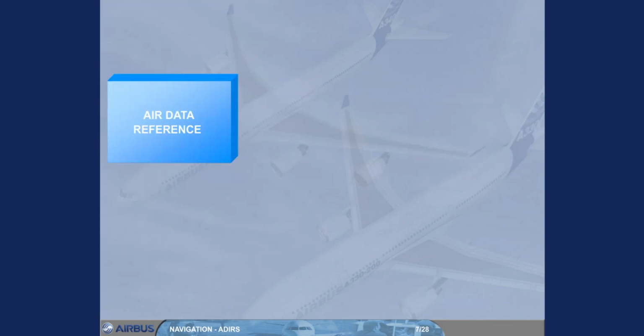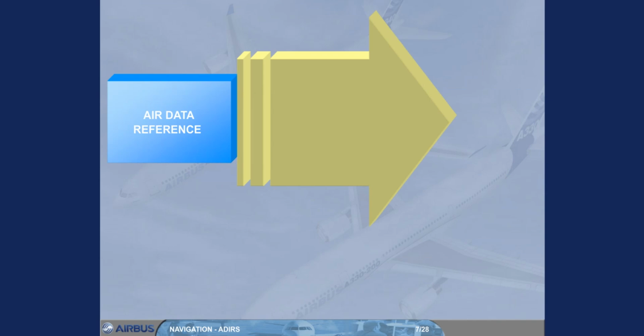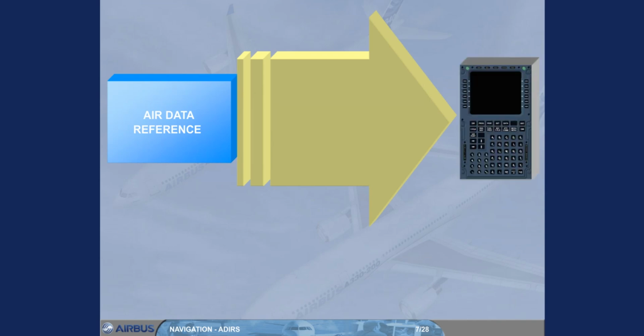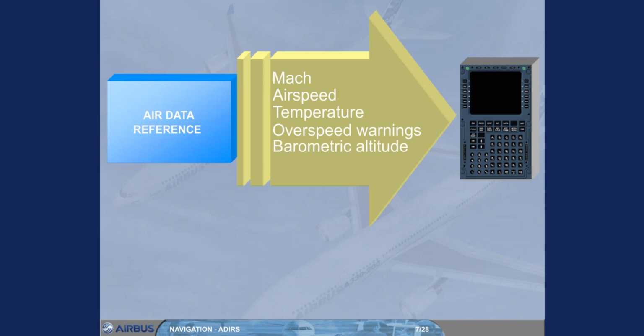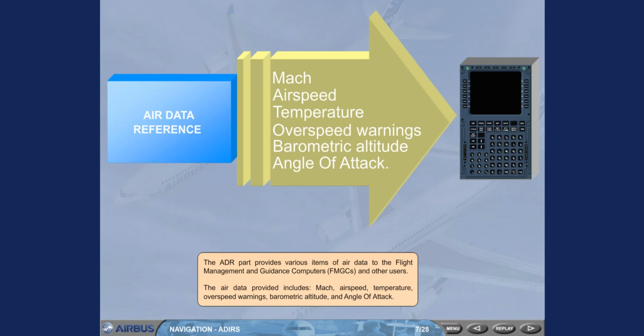The ADR part provides various items of air data to the Flight Management and Guidance Computers, FMGC, and other users. The air data provided includes Mach, airspeed, temperature, overspeed warnings, barometric altitude, and angle of attack.